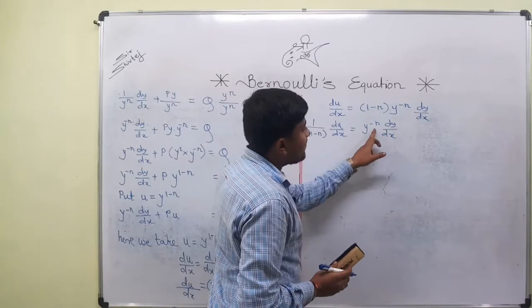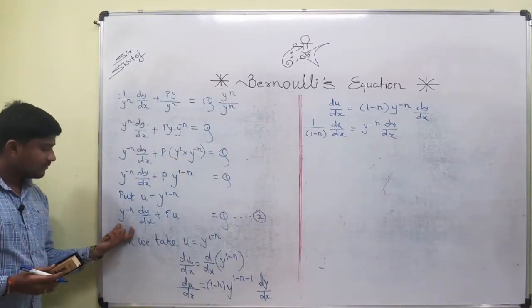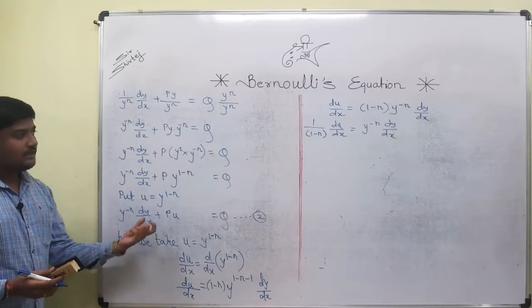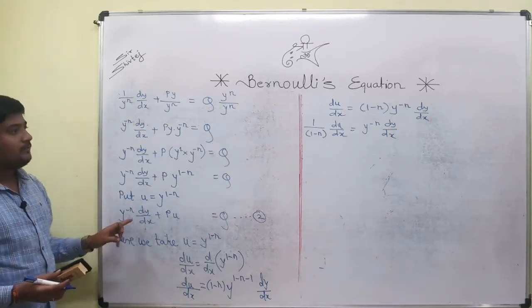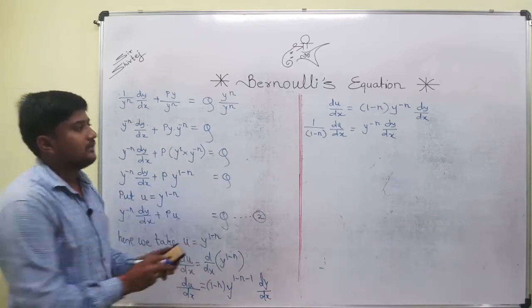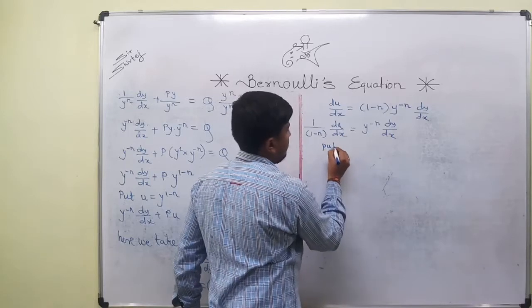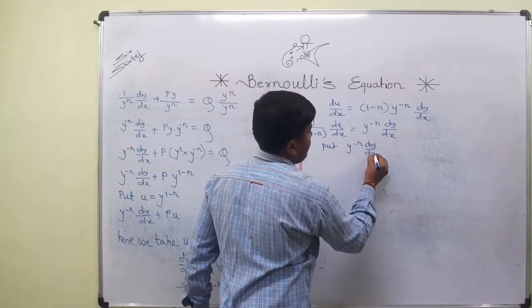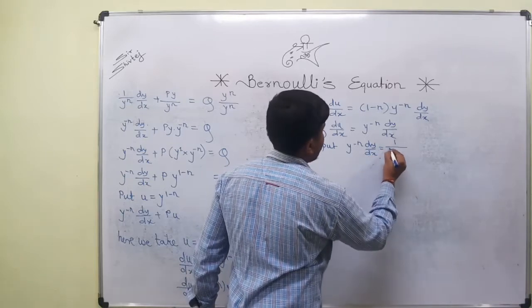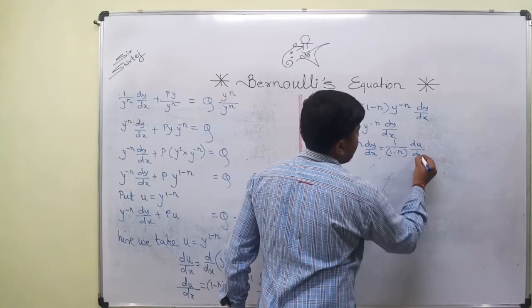Now y raised to minus n dy by dx, that is the value in equation 2, okay. That value will be put in that equation, therefore in equation 2 put y raised to minus n dy by dx is equal to 1 upon 1 minus n du by dx.